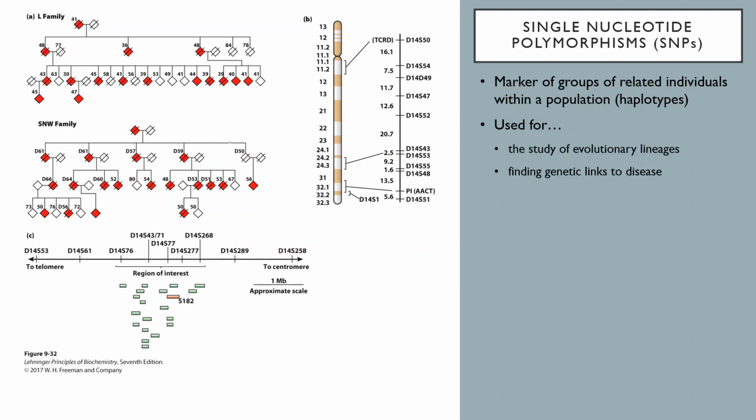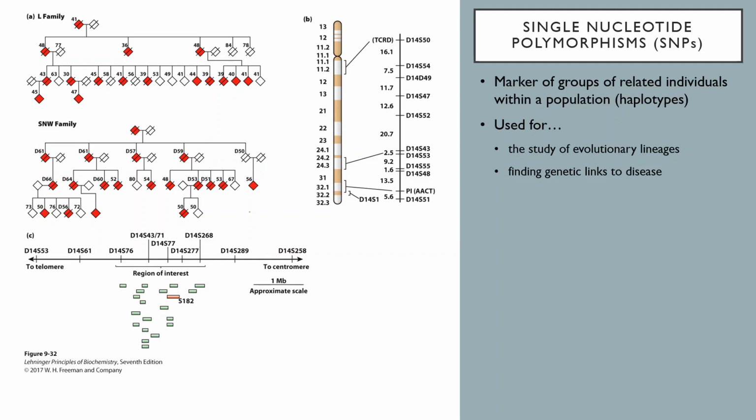But if you really want to find out where that gene is, you have to look for the gene itself. So you may be able to tell what gene is involved based on the disease, but if not, you can instead look for these SNPs, because the SNPs themselves don't necessarily cause disease, although sometimes they can. But if you can look for those SNPs and you can see which individuals have the haplotype that corresponds to the disease, you can use that to kind of zoom in on where along the chromosome the disease gene might be.